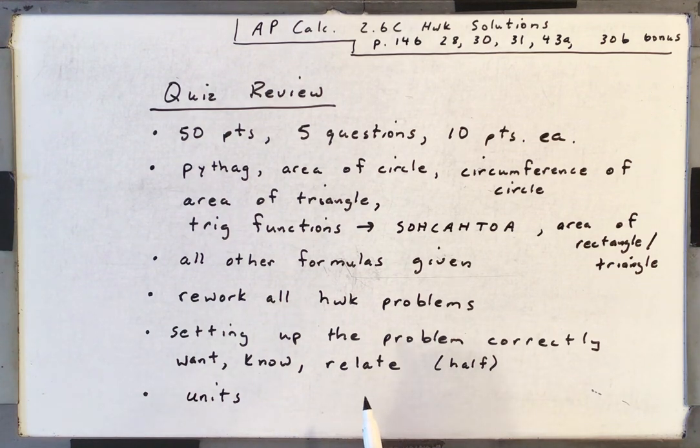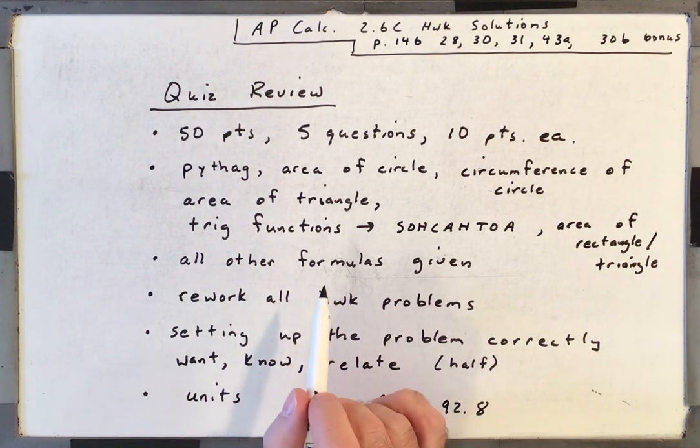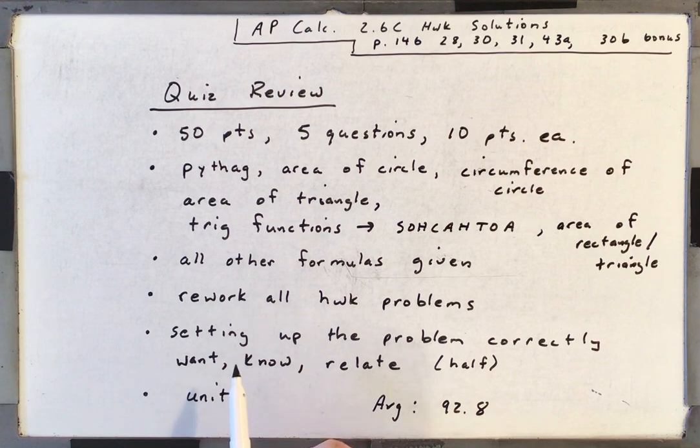But remember, I told you on the last quiz where we just did implicit differentiation that the average on this test as a whole is 92.8. So that's really good. A lot of people make 100 on the first part, and then they might make in the 80s or the low 90s on the second part. But when they average that with 100, a lot of times they end up with a 95 because they made 100 on the first part and a 90 on the second part, and that's great.